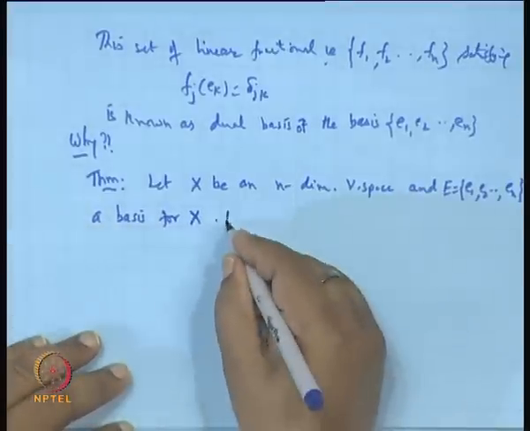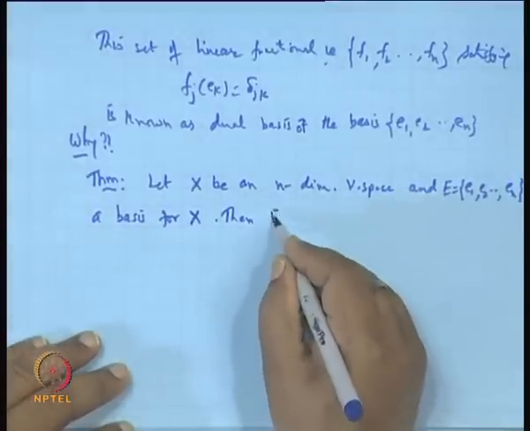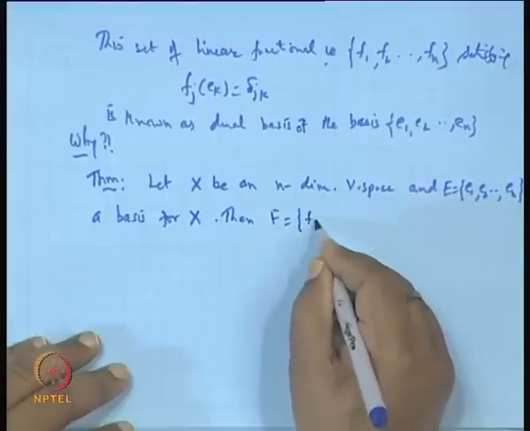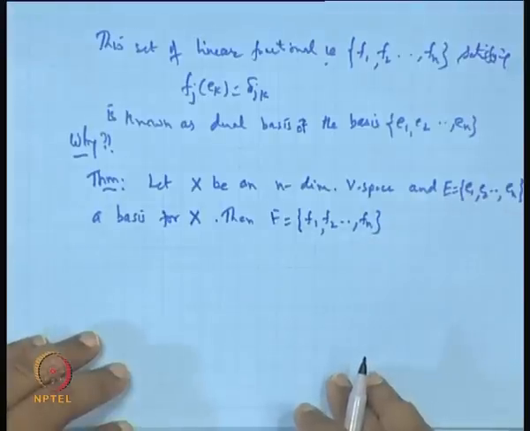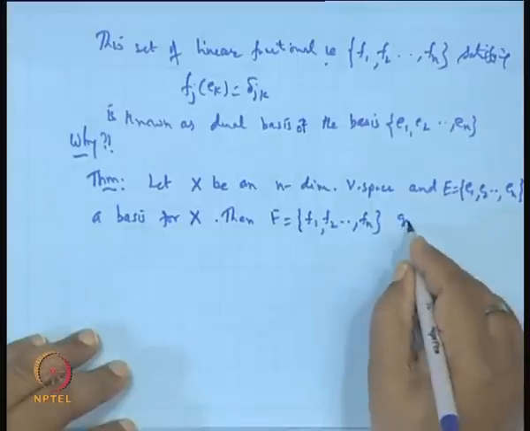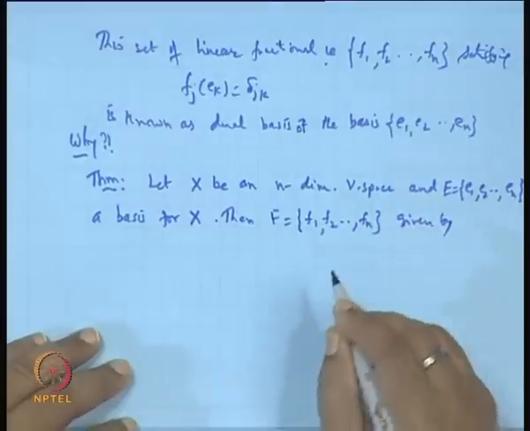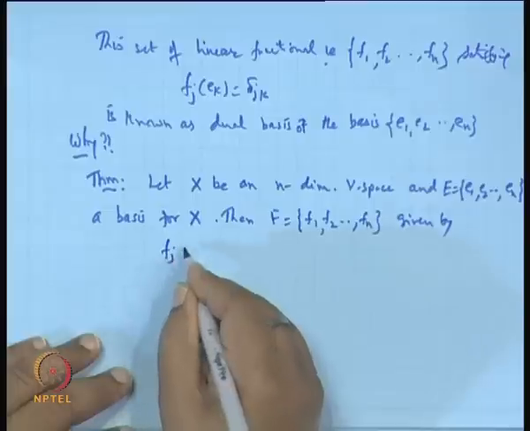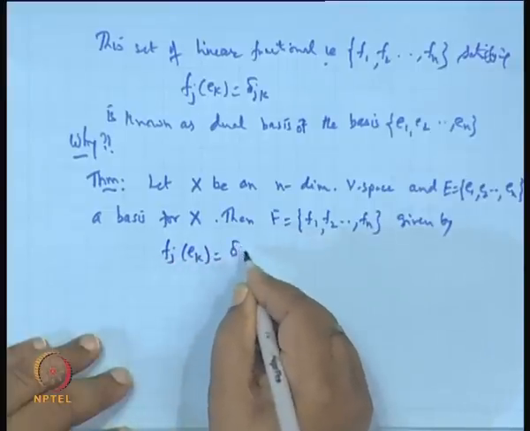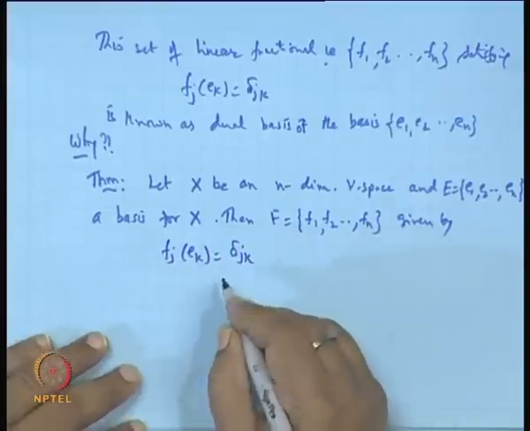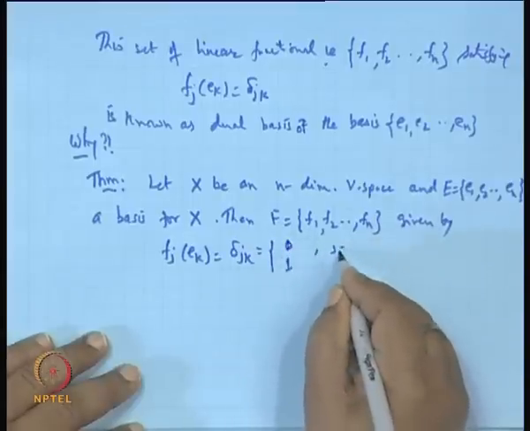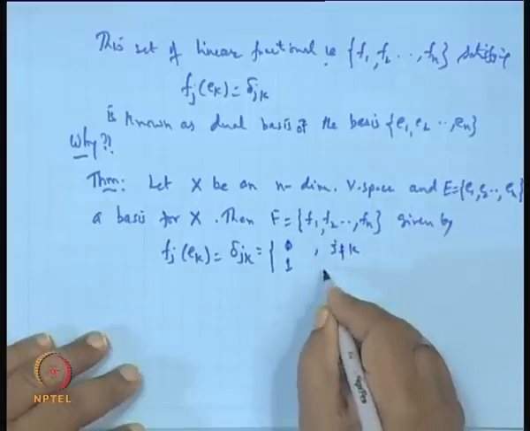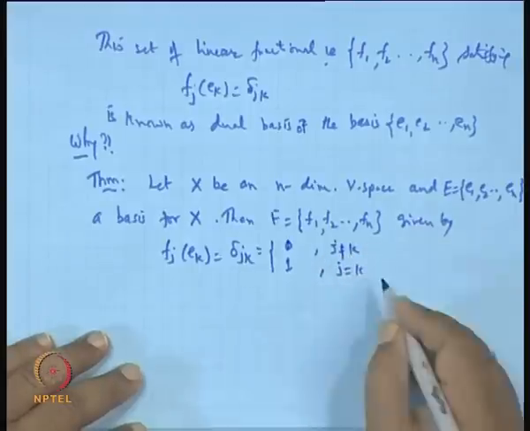Then we claim that the collection of these elements F1, F2, Fn, say capital F, this set given by Fj Ek equal to the canonical delta, delta Jk, which is equal to 0 when j is not equal to k and 1 when j is equal to k.